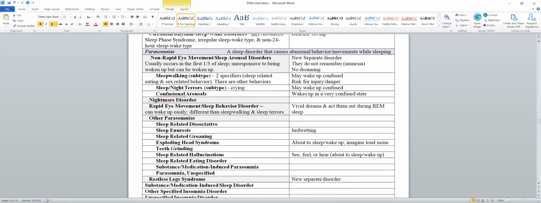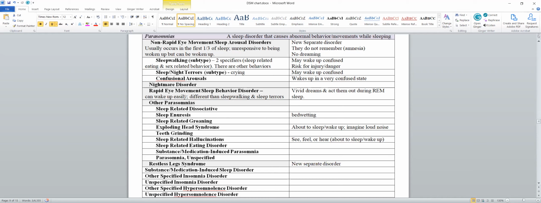Other parasomnias include sleep-related dissociative, sleep enuresis, bedwetting, sleep-related groaning, exploding head syndrome. This is when they're about to sleep or wake up and they imagine a loud noise. Teeth grinding, sleep-related hallucinations. They see, feel, or hear hallucinations when they're about to sleep or wake up.